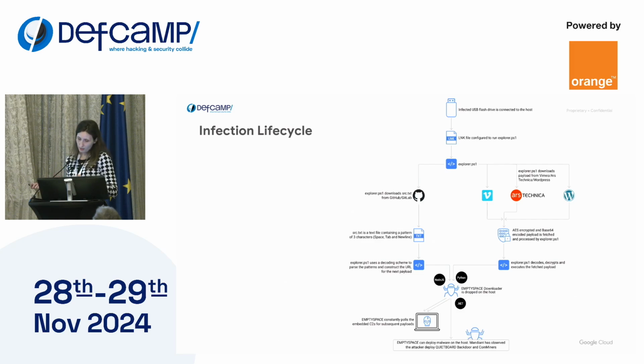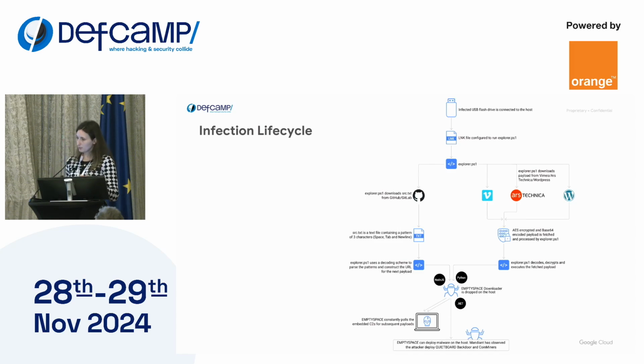And on the right-hand side, you have the more recent infection chain with the intermediary payload hosted on Vimeo, Ars Technica, and WordPress. And now it's using the IES encryption to obtain the URL and then still downloading EMPTYSPACE.